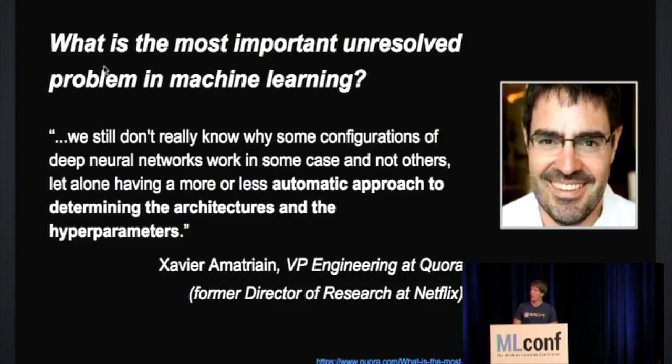So here's a quote from another MLconf veteran, Xavier, who's now the director of engineering at Quora. In a recent post on Quora, he said that this was actually one of the most difficult unsolved problems of machine learning: understanding the structure of these DNNs, and also having a more or less automatic way to tune them. So that's what I'm going to show you today, a more or less automatic way to tune them.